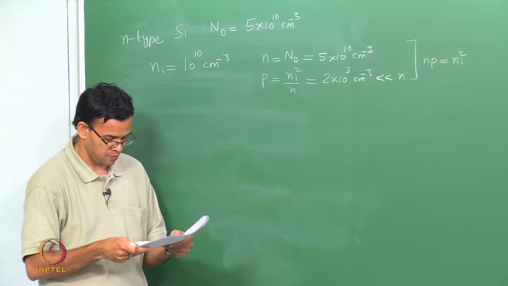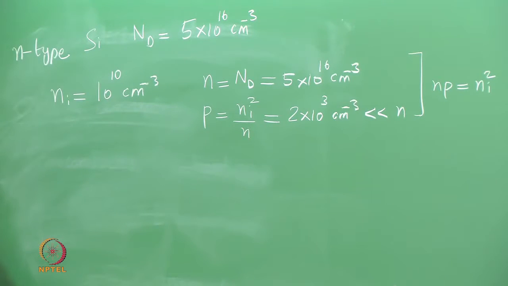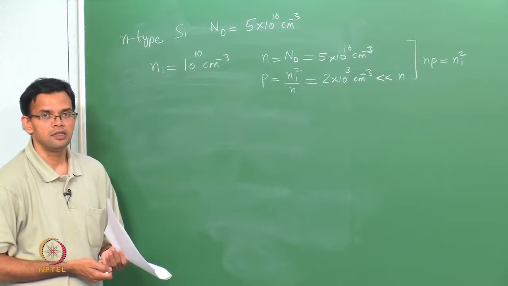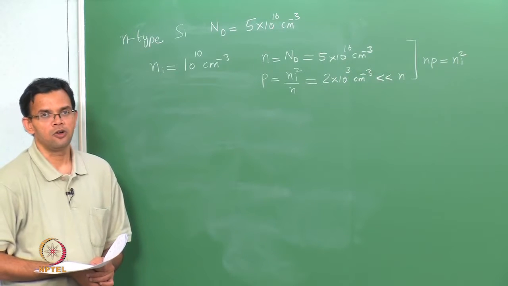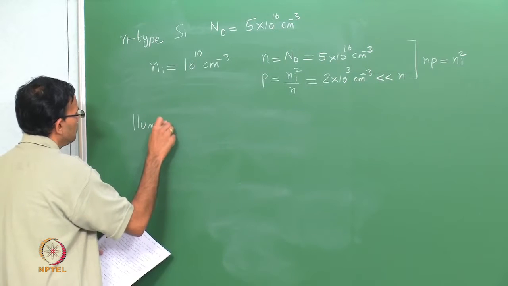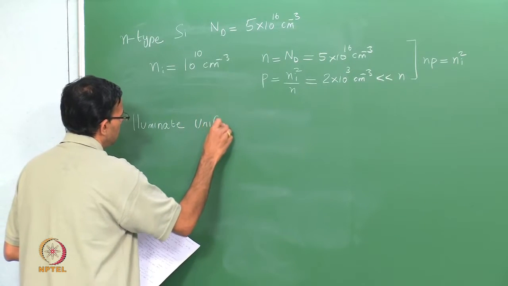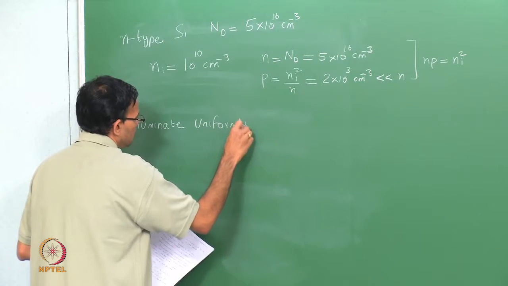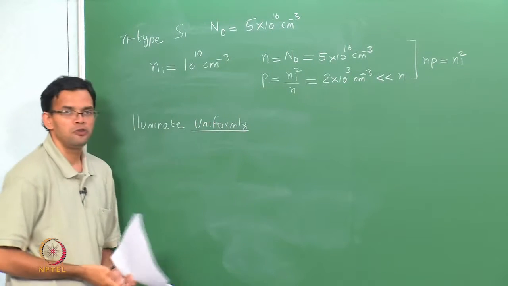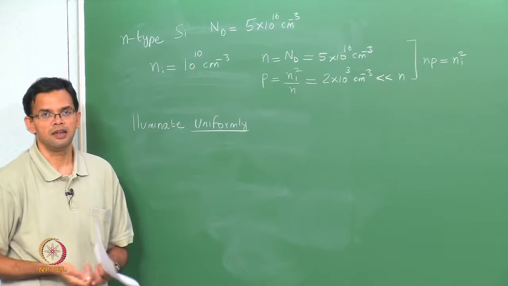So, in this n-type semiconductor, I am going to illuminate it uniformly with light, so that I generate electron hole pairs. So, when I say uniformly, it means that I have electron hole pairs generated within the entire material.